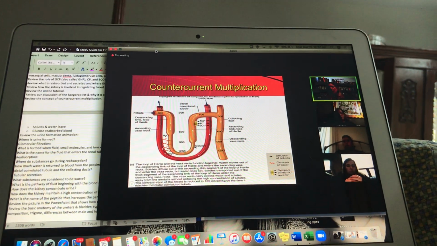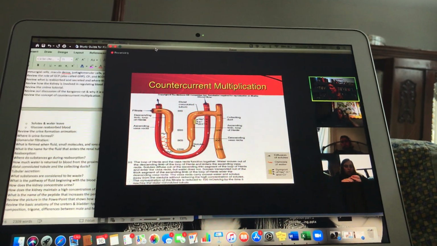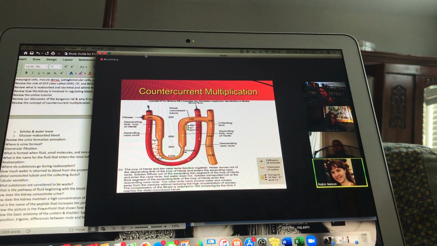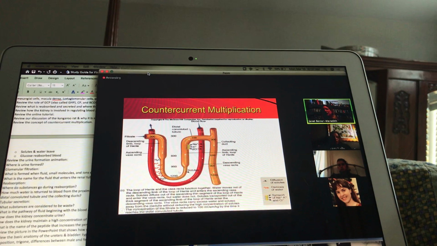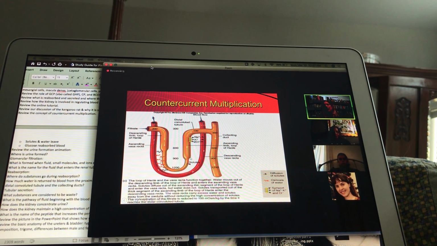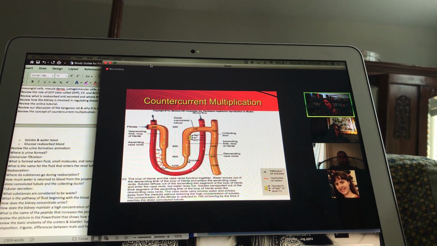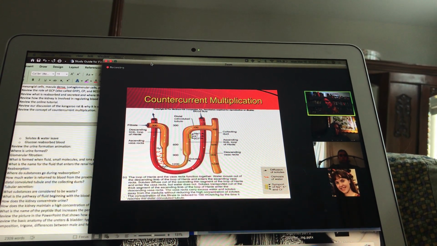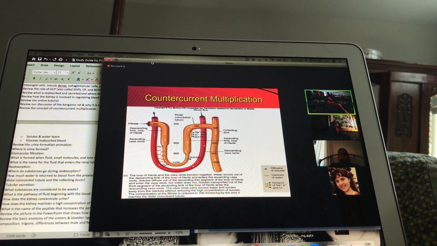Why will the water be driven into the blood? Because of the high solute concentration. So this just amplifies the effect, and allows us to form highly concentrated urine because we end up with this lovely gradient where it becomes more concentrated the deeper you are into the nephron.